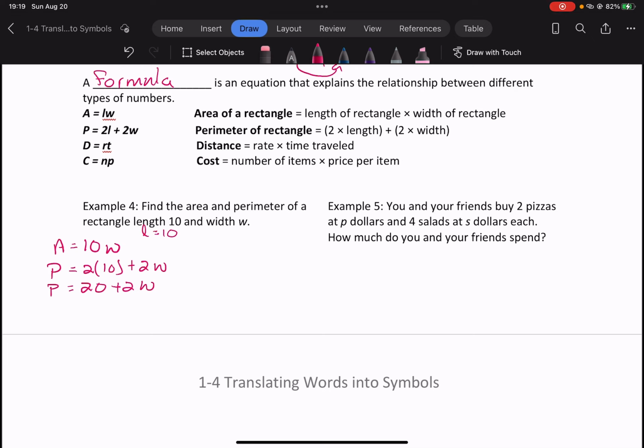So what's the cost of the pizzas? We look at the cost formula, which is number of items. So how many items did I buy? I bought 2 pizzas at P dollars. So that's how much they cost times the price per item, or 2p.